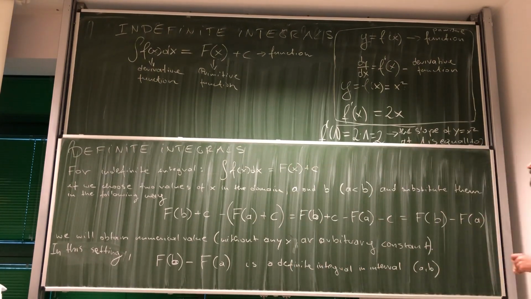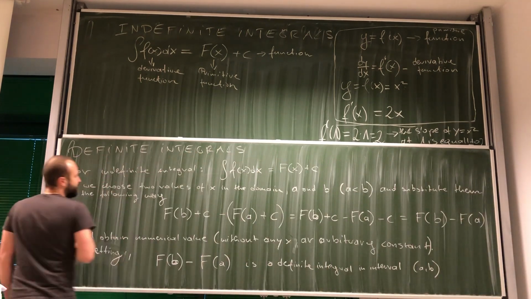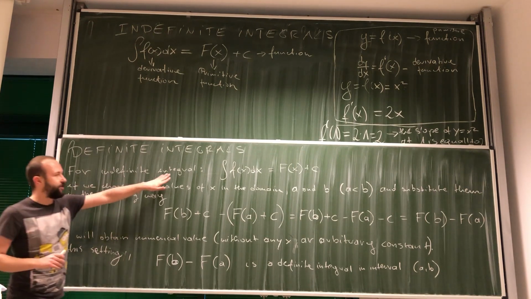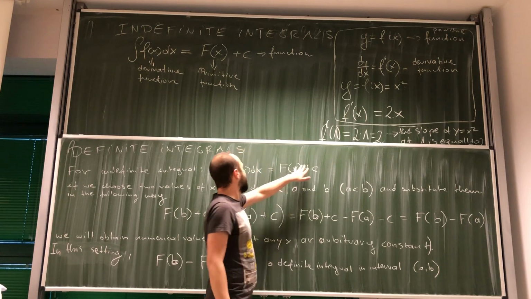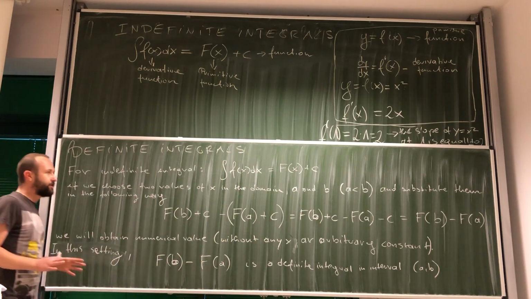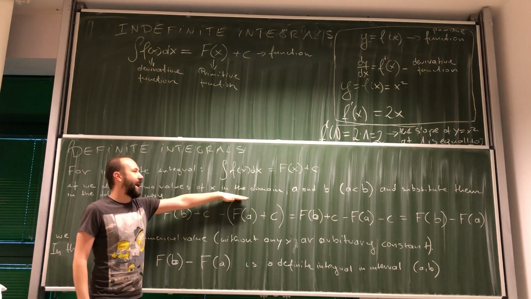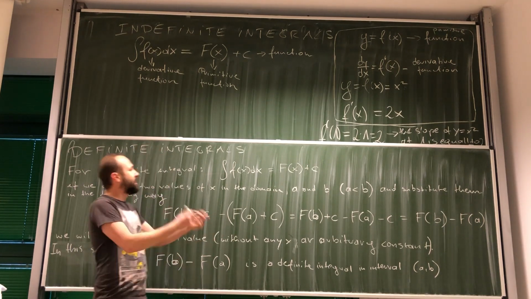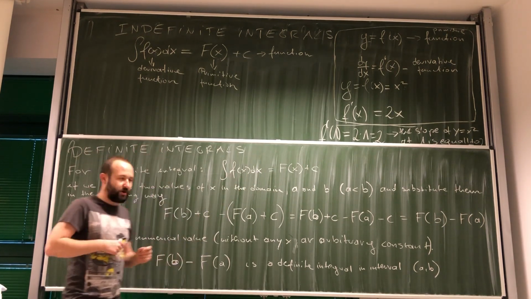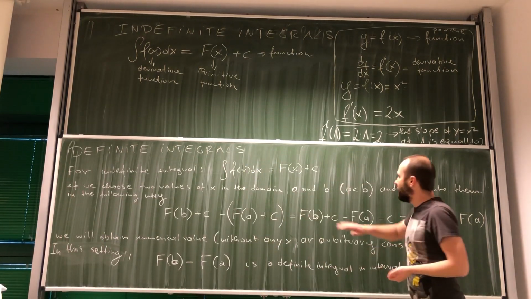Here we will have a more or less formal definition of definite integrals. Let's go through it step by step. For an indefinite integral, so integral f of x dx, which is equal to capital F of x plus an arbitrary constant, if we choose two values of x in the domain, so we are simply choosing two values that we can plug into these functions, those we will be calling a and b.